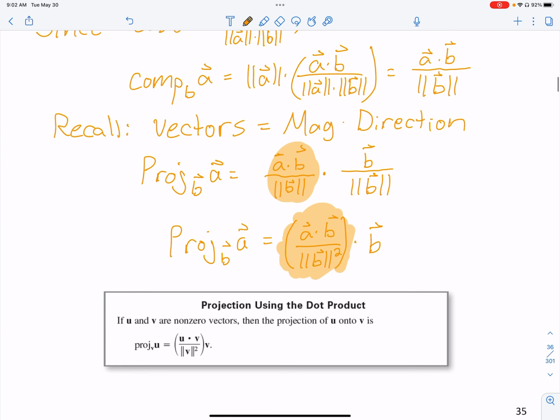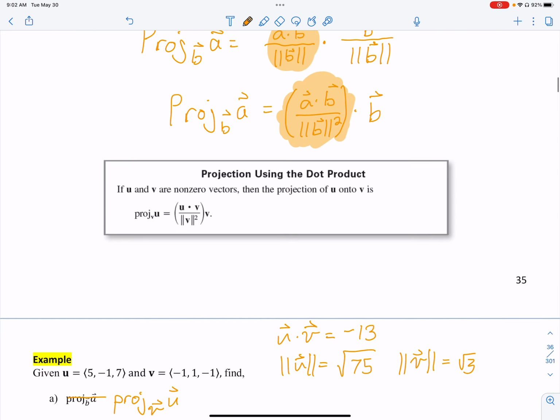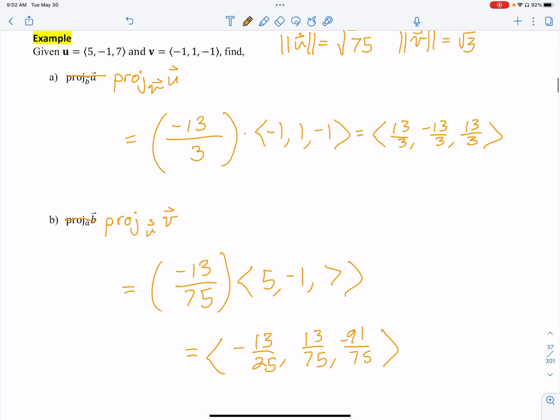If we were to flip this over, with this as my ground, B is definitely going to be a different vector. It's going to project at a 90-degree angle down, so you can see that it's going to be different if we were to flip that over. Okay, so those are our projections. Pretty useful. Great.